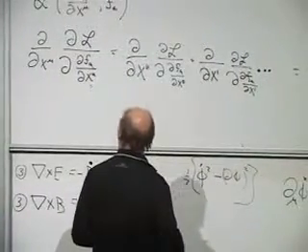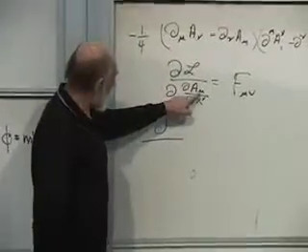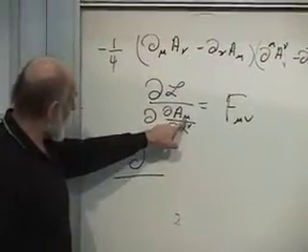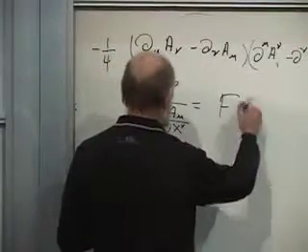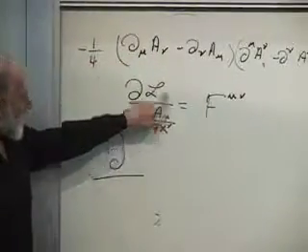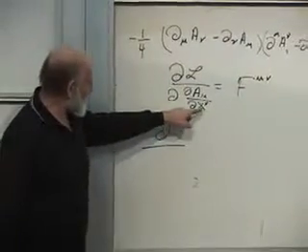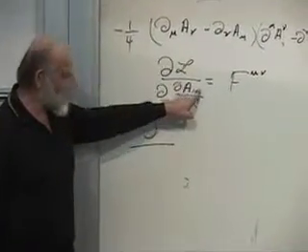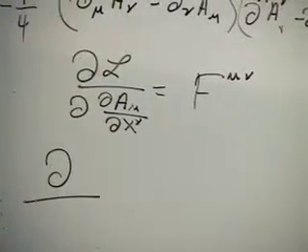You have an x mu downstairs and an x nu downstairs. This is a lower index, so that should be upward. I think it's F mu nu upstairs, right? This is a lower index in the denominator, so that makes it an upper index, and this is also a lower index in the denominator of a fraction. Yes, it's F mu nu, both of them upstairs.